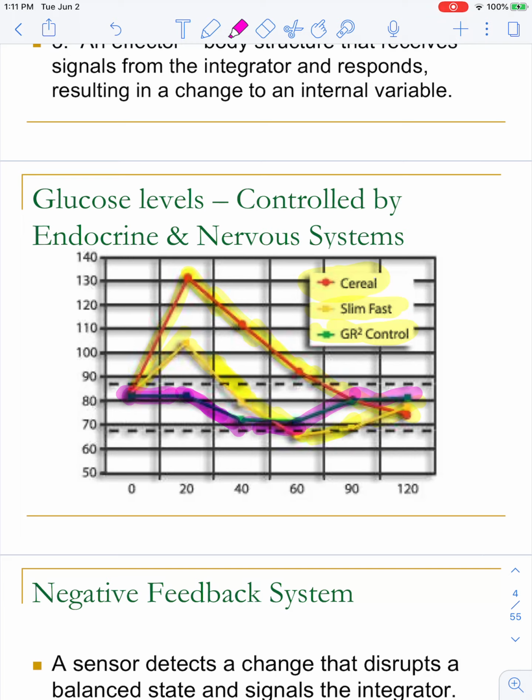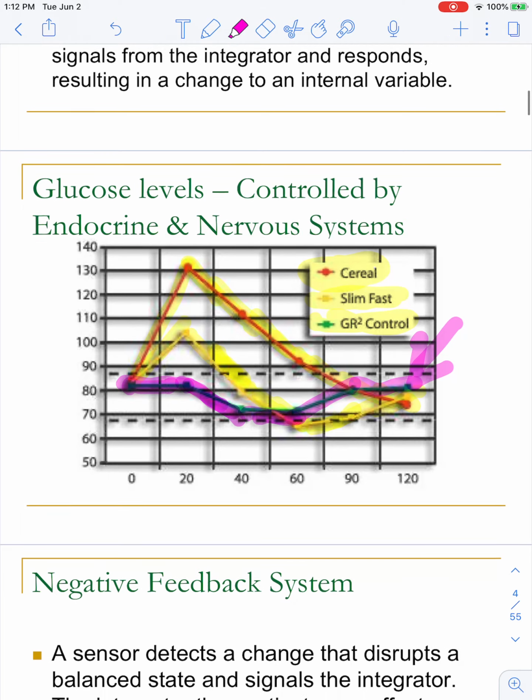So we're going to go through the details of all this later. But just so you can see that at a very simple system, we have the three parts. The change is sensed, a signal is sent to the brain, it's processed, and then there is an effect that happens. In this case, the effect is the lowering of the blood glucose levels or the increasing of the blood glucose levels in the case of the person that did not eat.